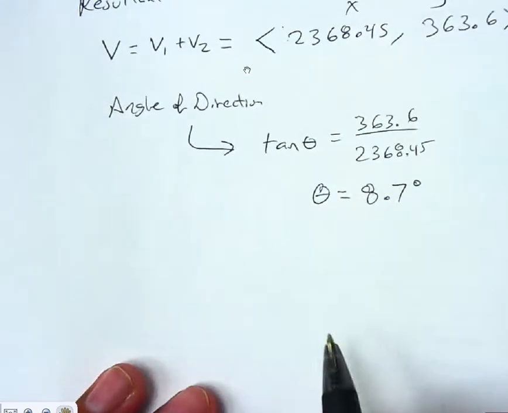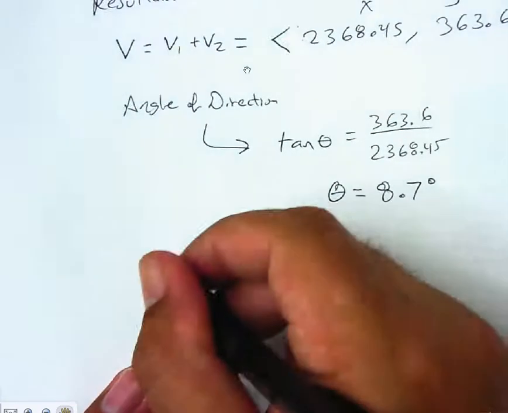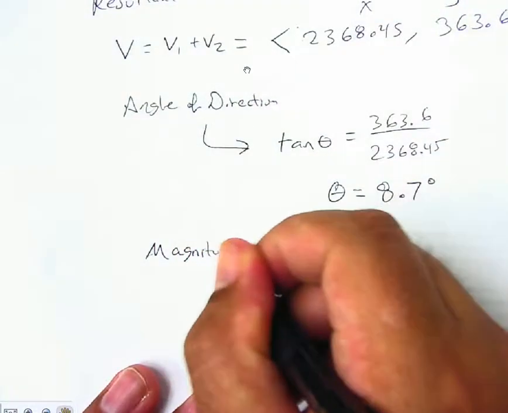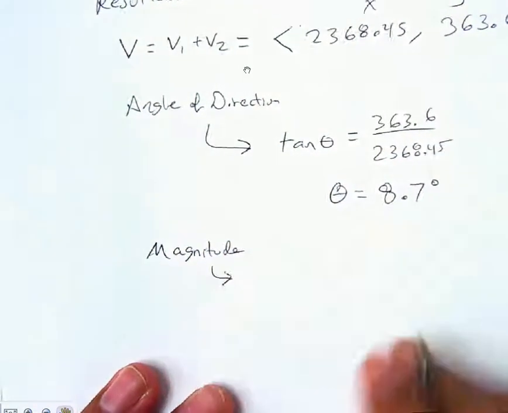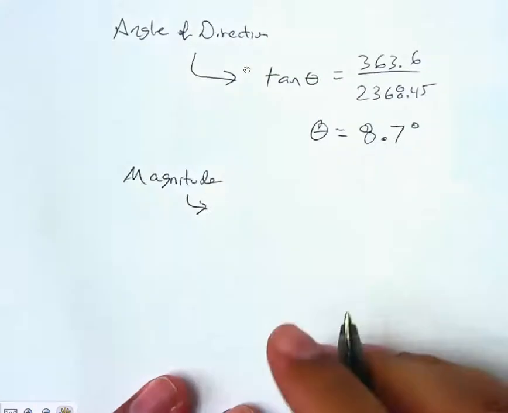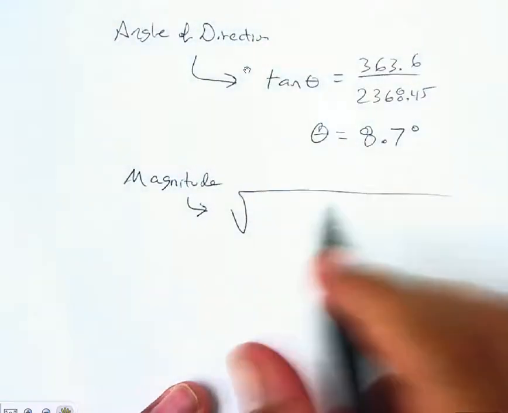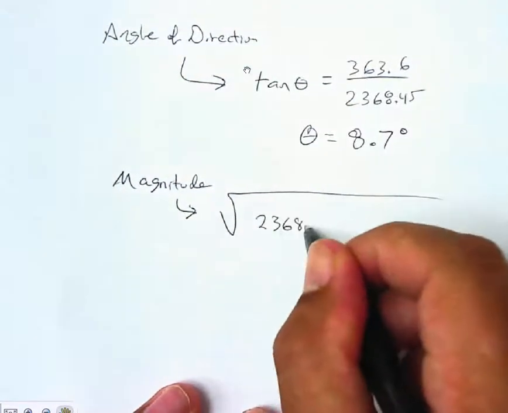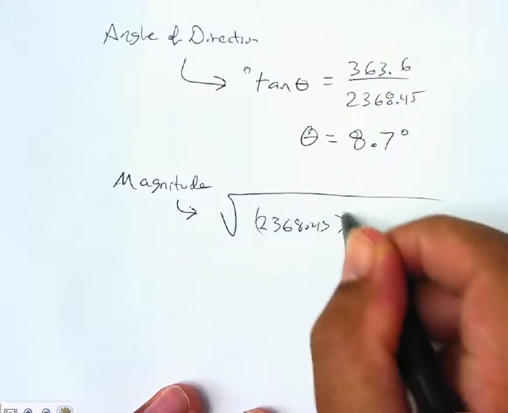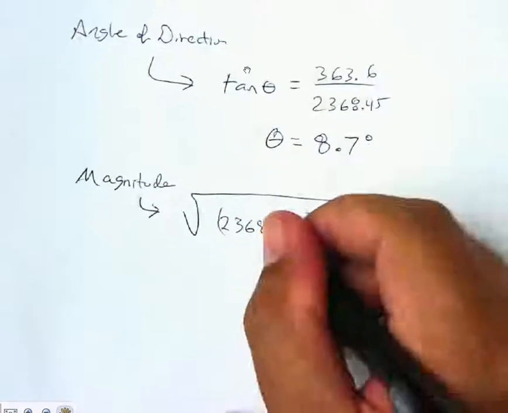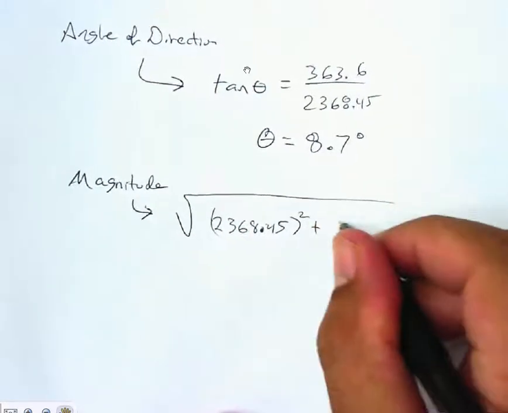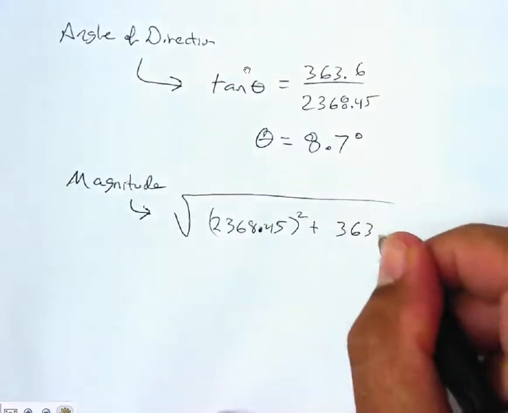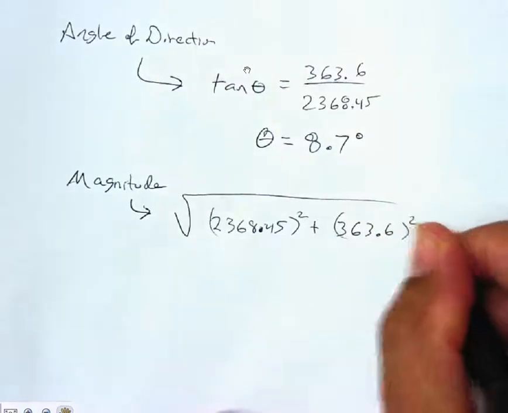The other question was to find the magnitude. So for magnitude, we use the square root formula. We write 2368.45, the square of that, plus 363.6, the square of that.